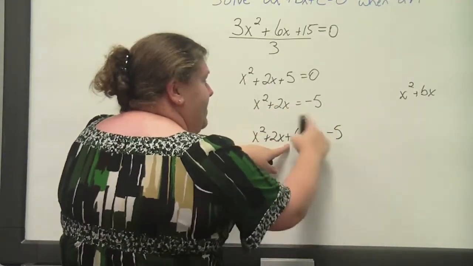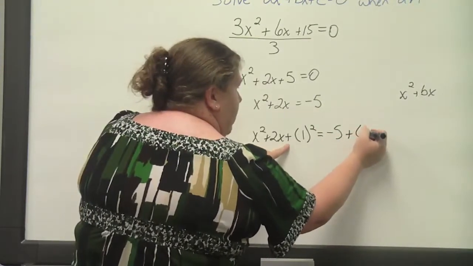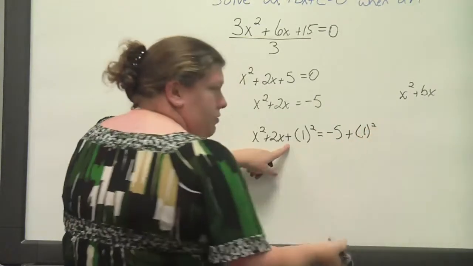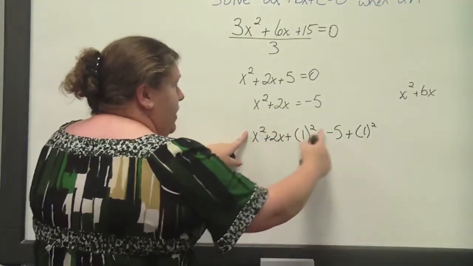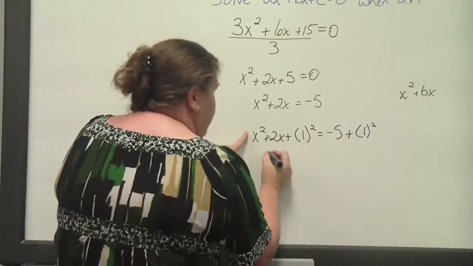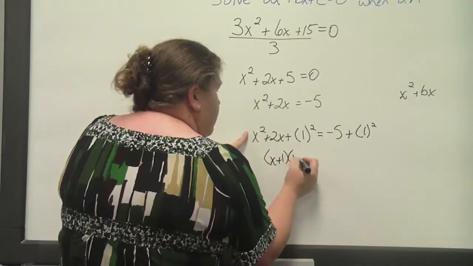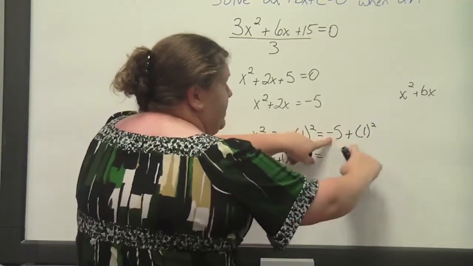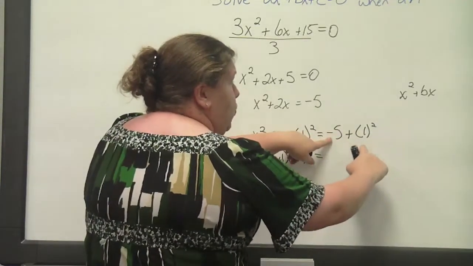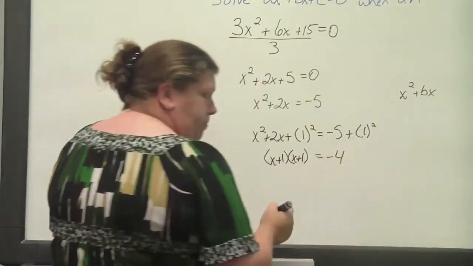And whatever I did to this side, this plus 1 squared, I have to do to the other side. So plus 1 squared. Because this is a squared, I can rewrite that as x plus 1 times x plus 1. And on this side, we have a negative 5 plus 1 squared, which is just 1. So I can say a negative 4.